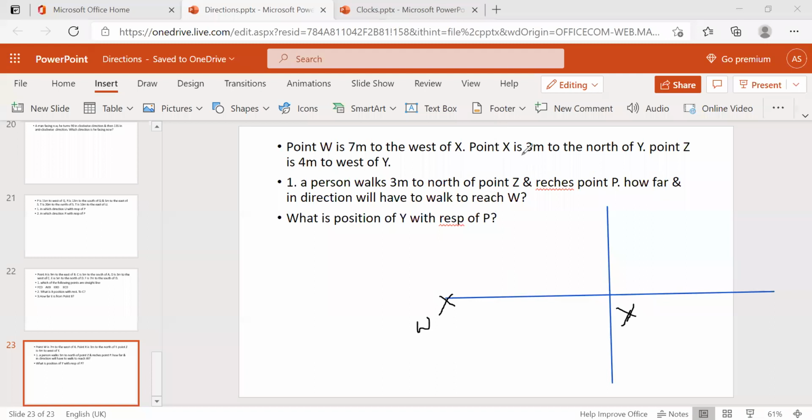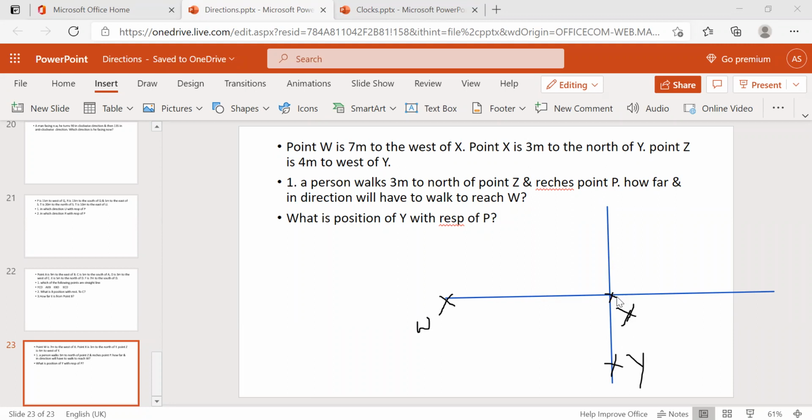This is 7 meters. And point X is 3 meters to the north of Y. We already took the X, so north of Y means from X it is south. So it will be Y. From Y, X is 3 meters to the north.